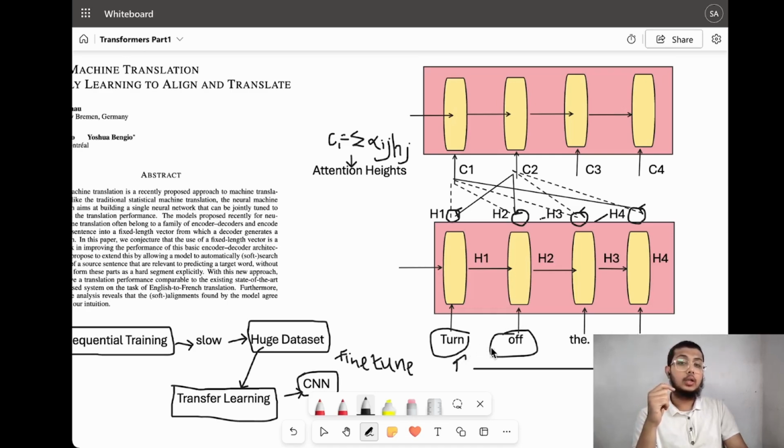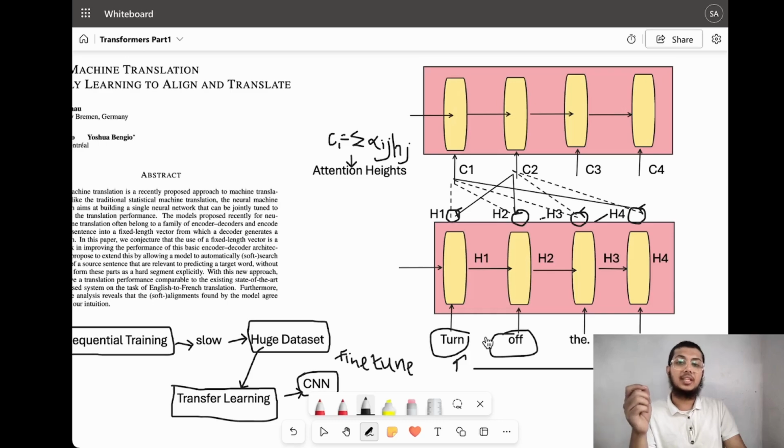So what do we do here? Instead of sending the entire context vector at once, we send a separate context vector at each time step of the decoder, and this context vector is dynamically calculated.